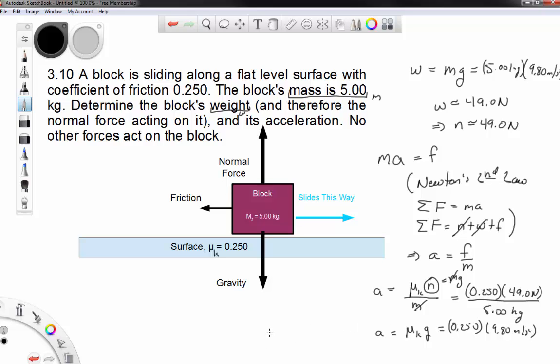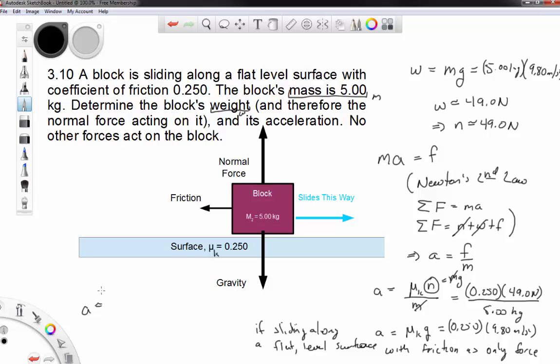This is valid if sliding along a flat level surface with friction as the unbalanced force, which I'll abbreviate as calling it the only force.